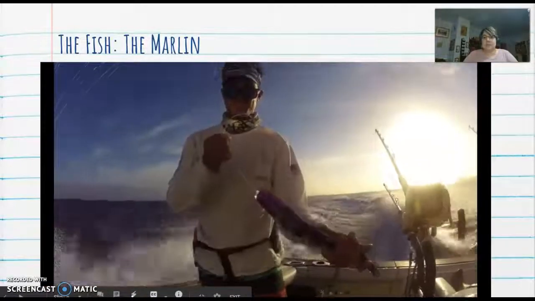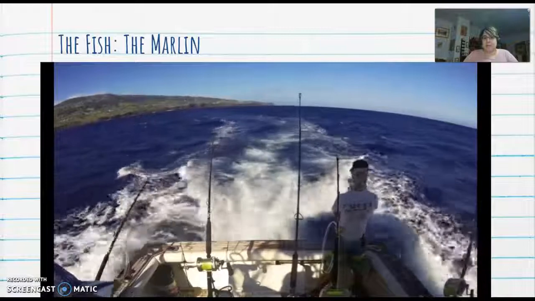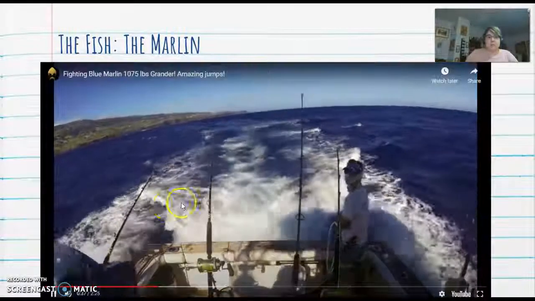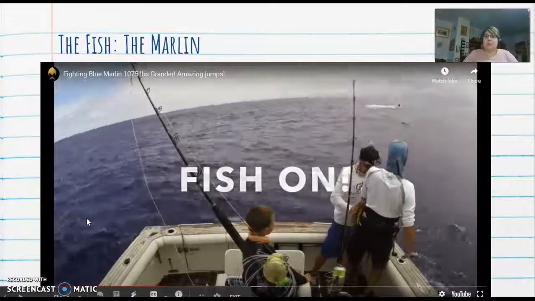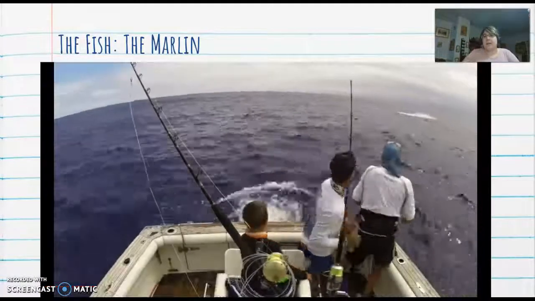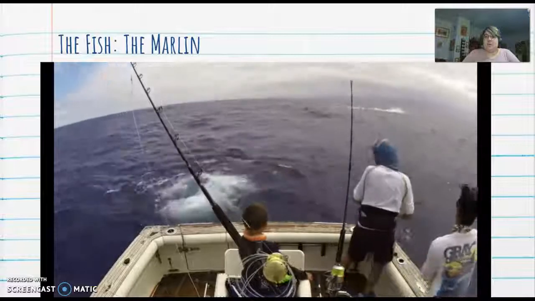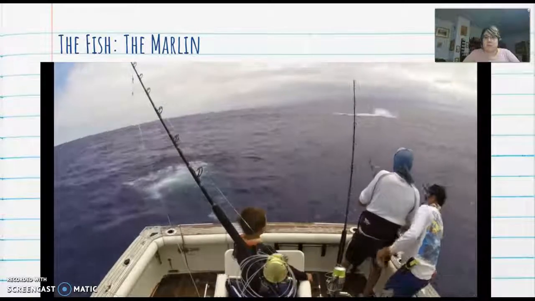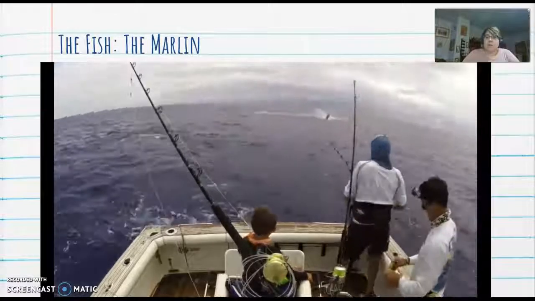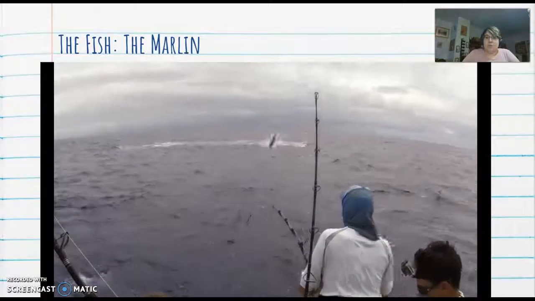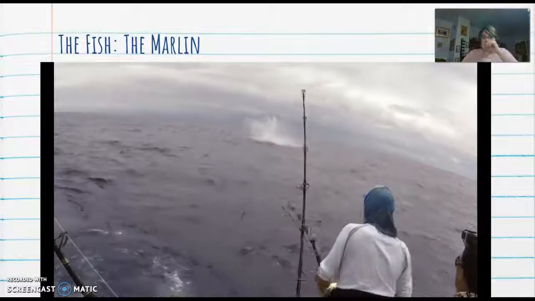In this clip, this person has a bait that they're towing behind their boat. This is exactly what our main guy would be doing. Marlin are predatory fish, and it took the bait. You can see the animal fighting in the background. They are known for jumping up out of the water and shaking their heads.